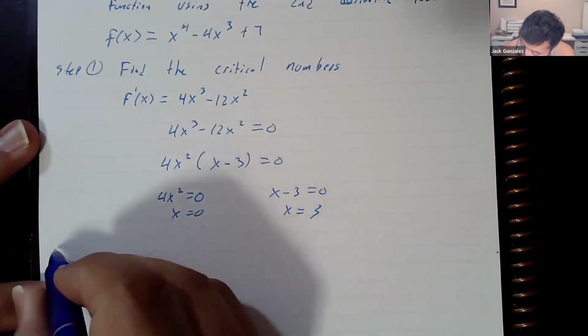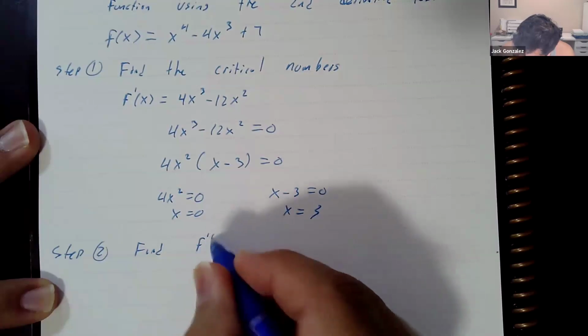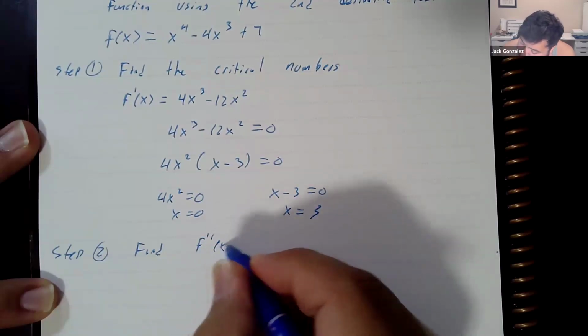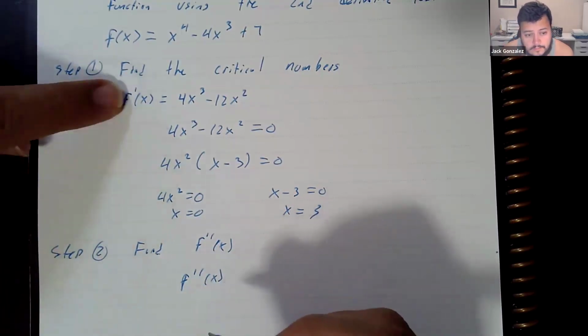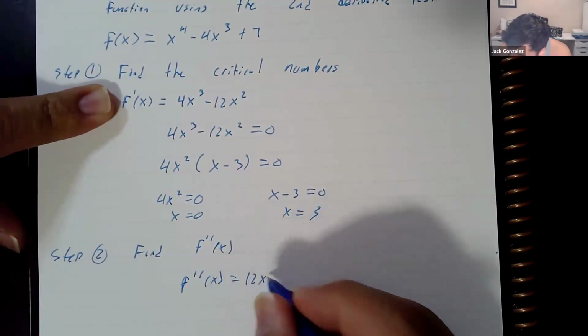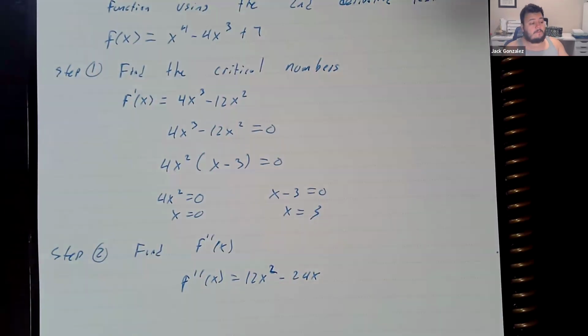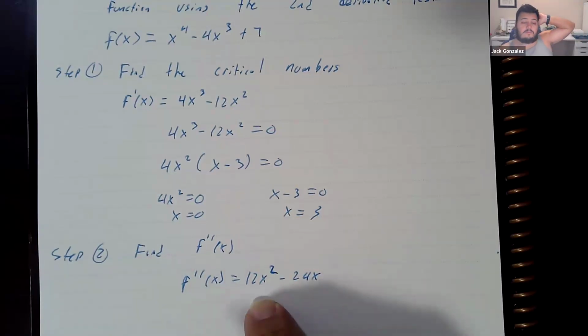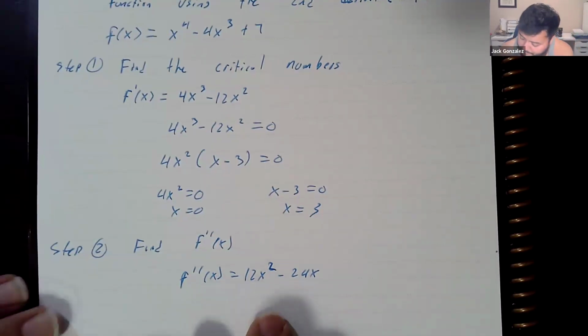Step 2, let's find the second derivative. So just do one more derivative. That would be 12x squared minus 24x. What you're going to do is plug in the critical numbers into here, and then you'll know if it's opening up or down, which means min or max.